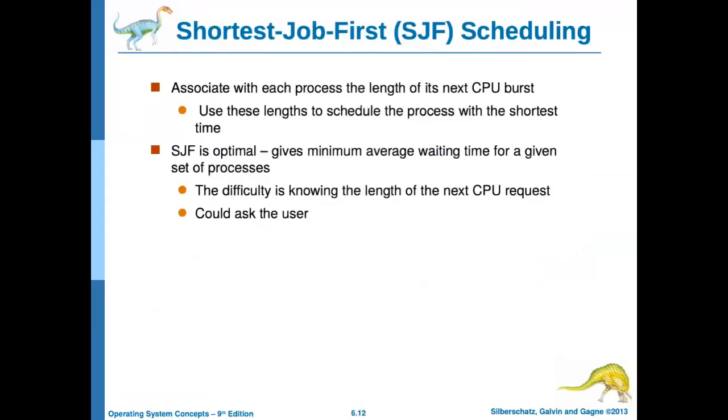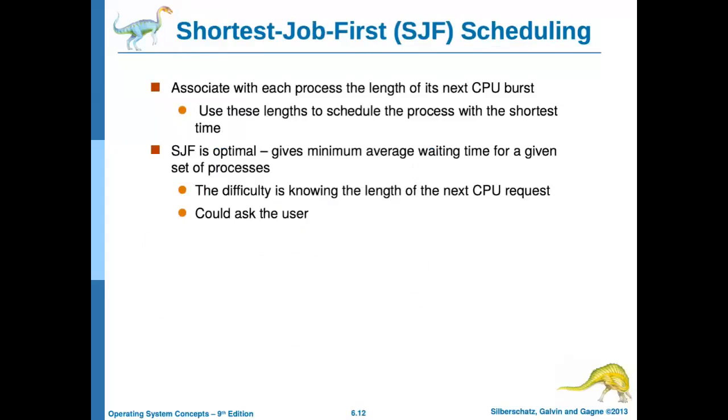Another algorithm is shortest job first. Now see the name, shortest job. How can we say a job is short? It is basically depending on the CPU burst.